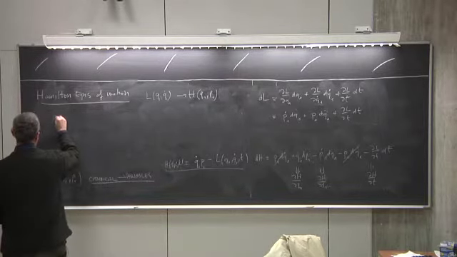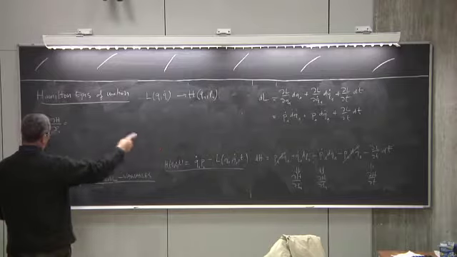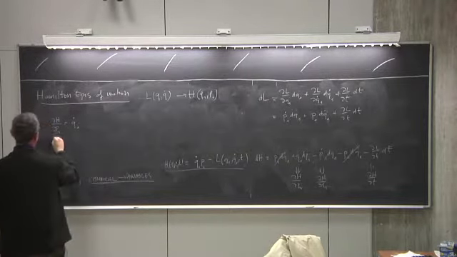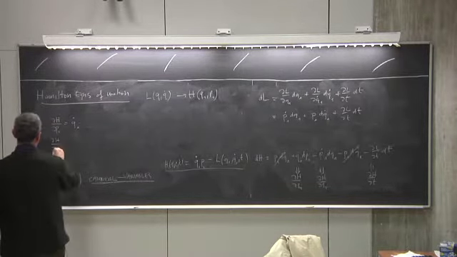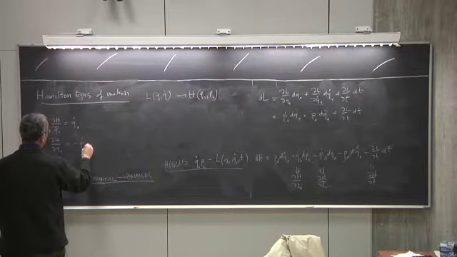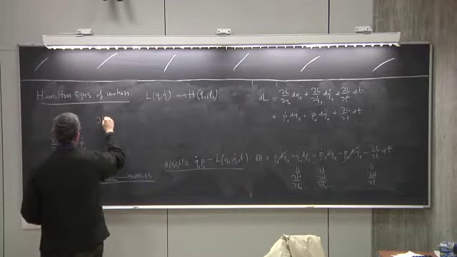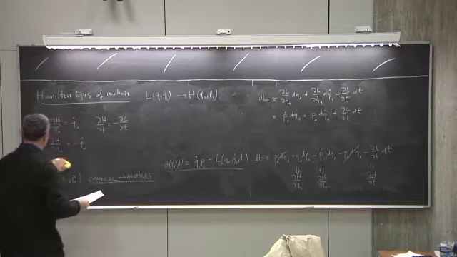So I write them here. ∂H/∂p_i is equal to q_i dot. Then the second one, ∂H/∂q_i is equal to minus p_i dot. And finally, ∂H/∂t is equal to minus ∂L/∂t.